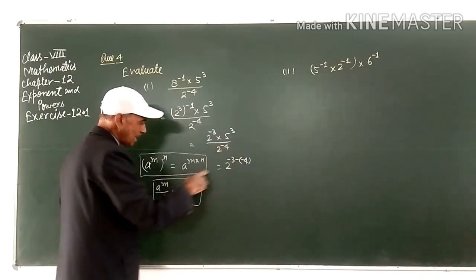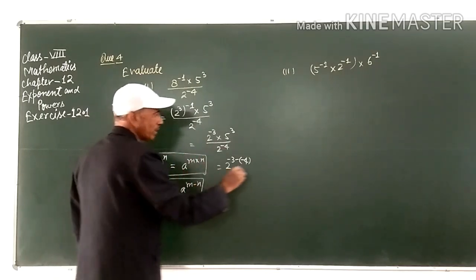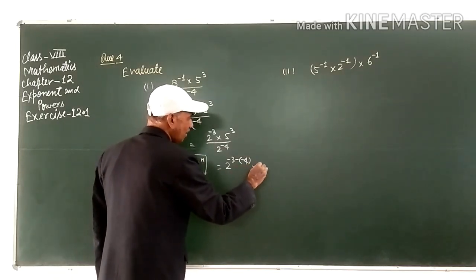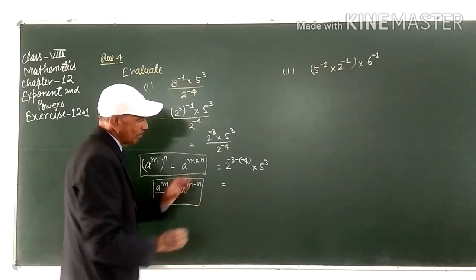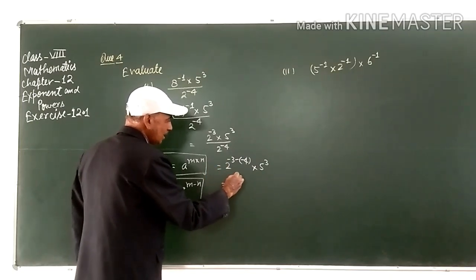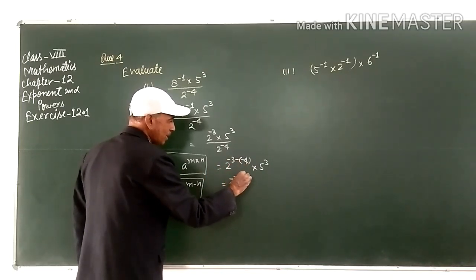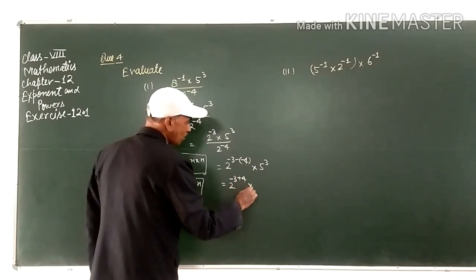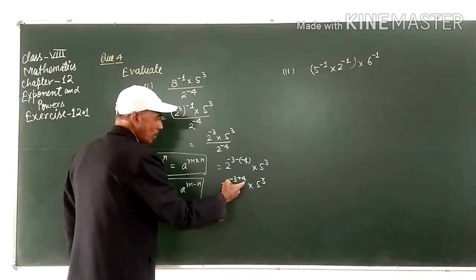Students, this one is minus 4. So there is a sign of negative, that is m minus n is minus 4 here, into 5 raised to the power 3. So this will be 2 raised to the power minus 3, and minus into minus will be plus 4, into 5 raised to the power 3. So plus 4 minus 3, it will be subtracted.